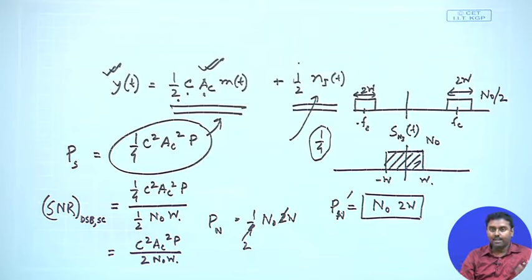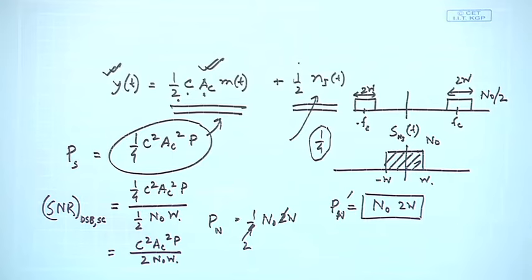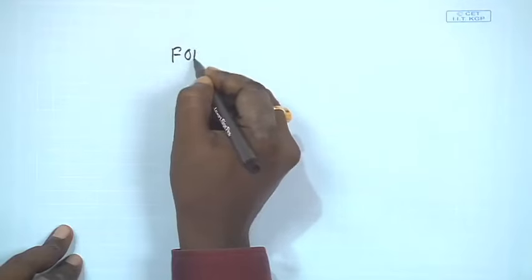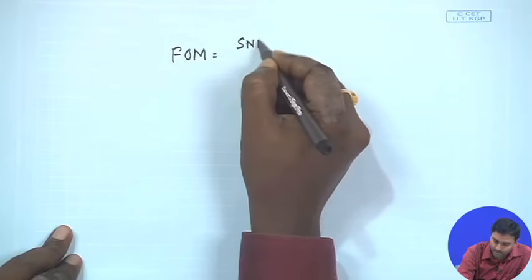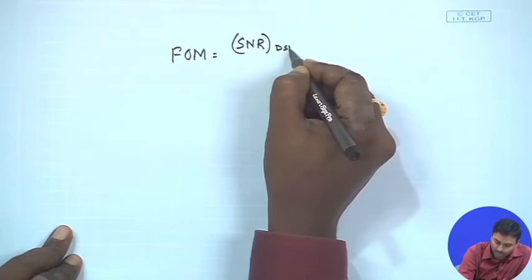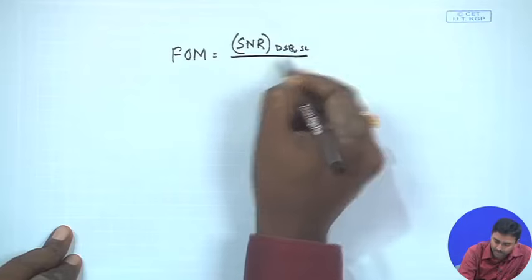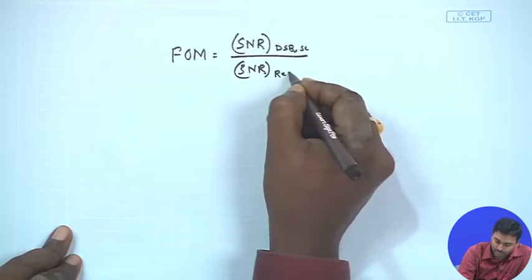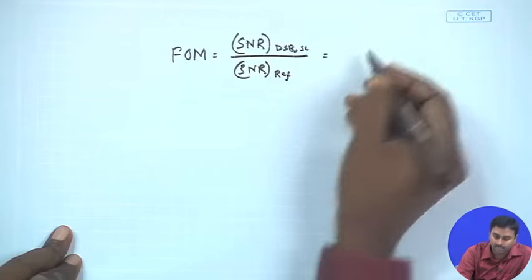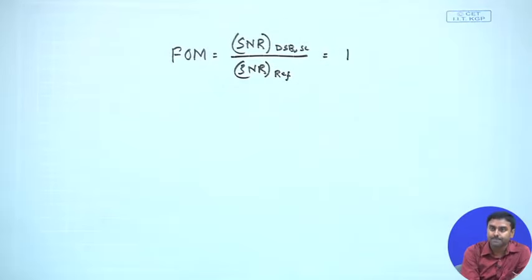If you go back and check, the reference SNR expression was exactly the same. Therefore, the figure of merit must be the SNR for DSB-SC divided by the SNR of the reference, and because they are exactly the same, it should be 1.